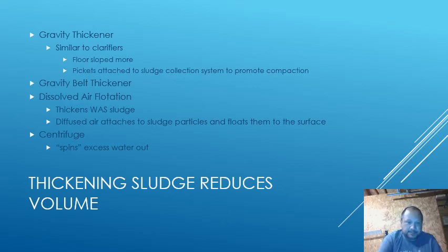So some of the technologies that we use, again, our primary concern here is taking sludge that is most of the time going to be over 90% water and trying to concentrate it so that it's got a lot less water and more higher percent solids.